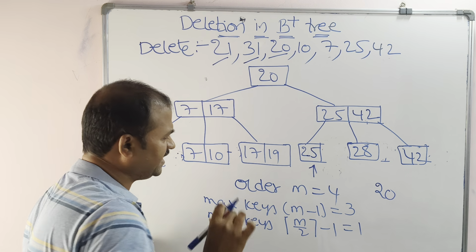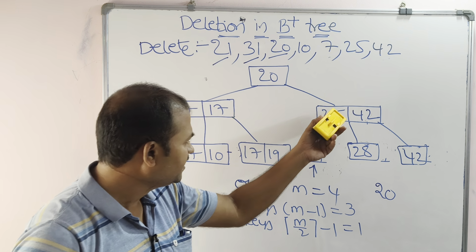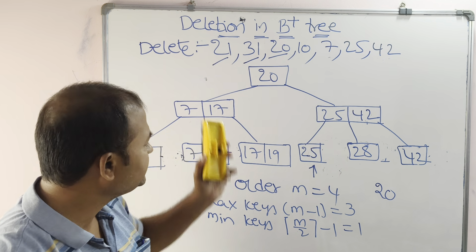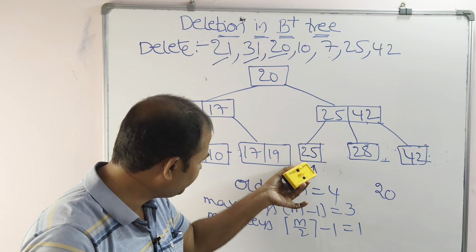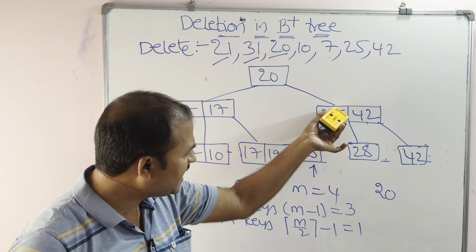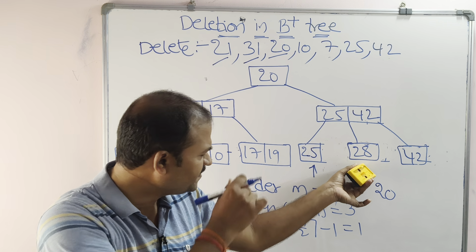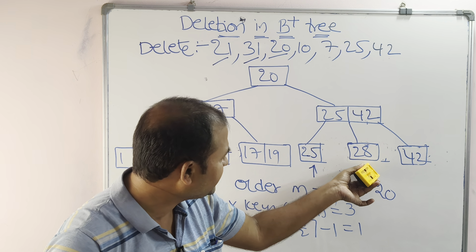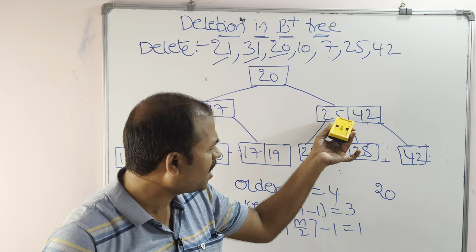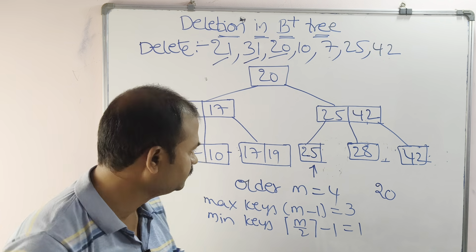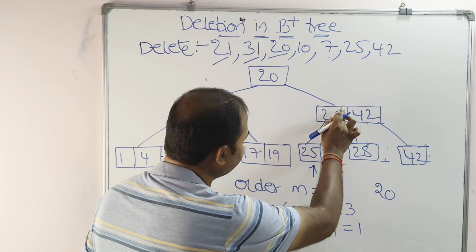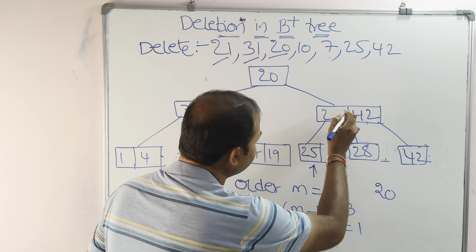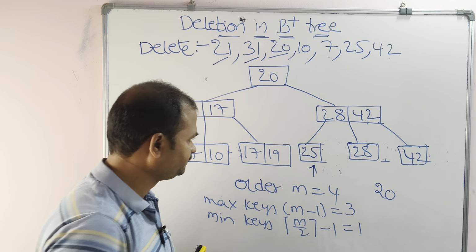Let's check whether the condition is satisfied or not. Here the parent node is 25. In B plus tree, the left subtree contains values less than the parent node, whereas the right subtree contains values greater than or equal to the parent value. So instead of 25, it is better to transfer 28.